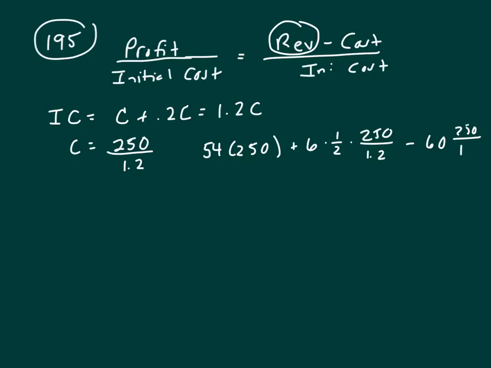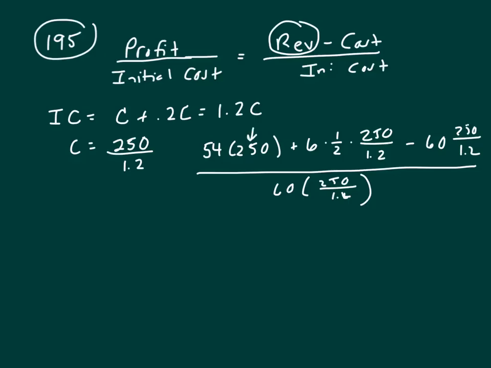And of course, all of that is over the total cost, which was 60 times, because he buys 60 of them, 250 over 1.2.